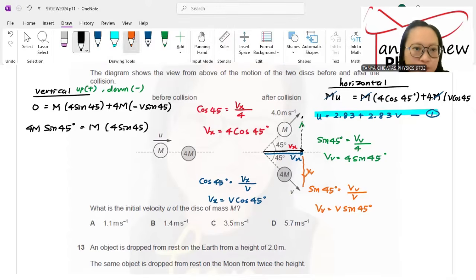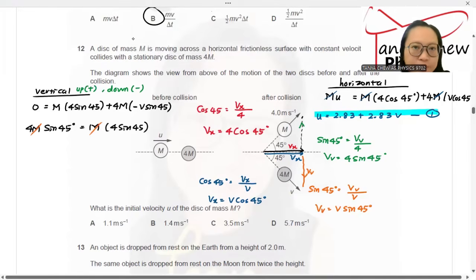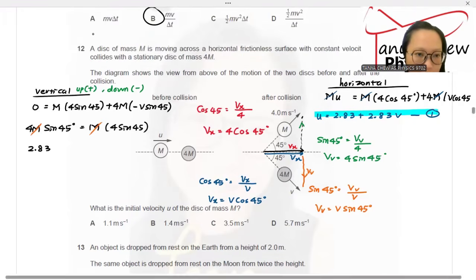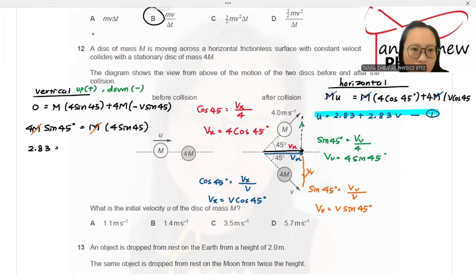Now what you need to do is just cancel the m first. Solve it, simplify it. For sine 45, I have 2.83. Oh, I forgot about the V. V is here. Now this is 4 sine 45 V, 2.83 V. Now V is equal to 1 meter per second.